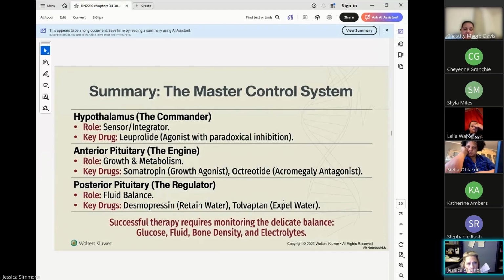It tells you the anterior pituitary has that growth hormone, and somatotropin helps growth. Octreotide stops growth with acromegaly. I like that it says the posterior down here with desmopressin versus tolvaptan, but you need to take it a step further when it comes to pharmacology. What are we treating? How are we treating it? What is our instruction to the patient? What do we need to tell them to look out for? What do we need to educate? How do we evaluate?